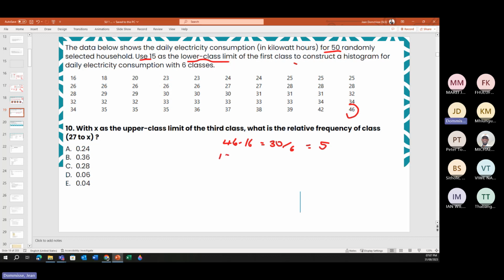So we will start with 15. 15 goes up to what? 15, 16, 17, 18, 19, 20. 21, 22, 23, 24, 25. So each class width is 5.